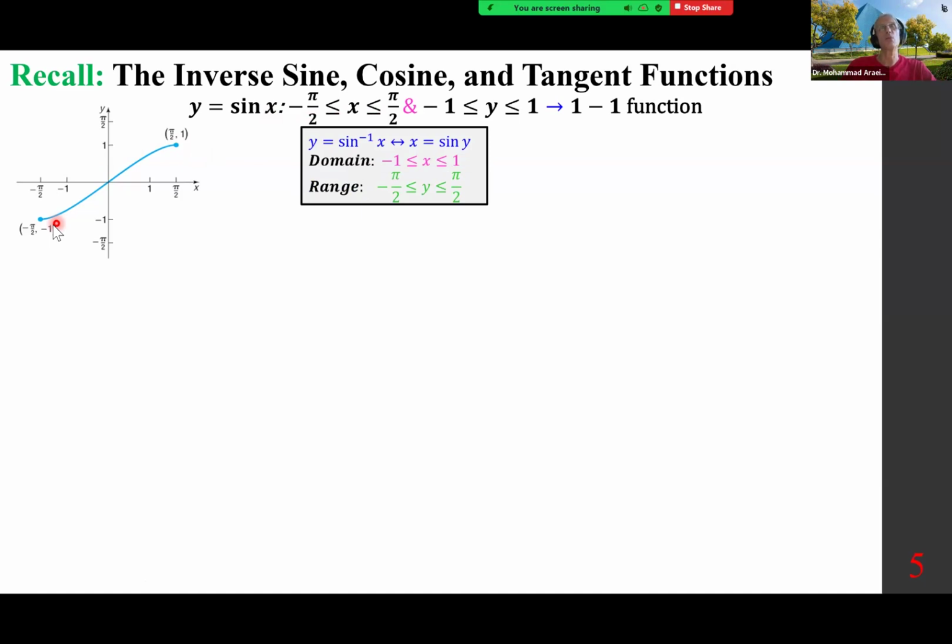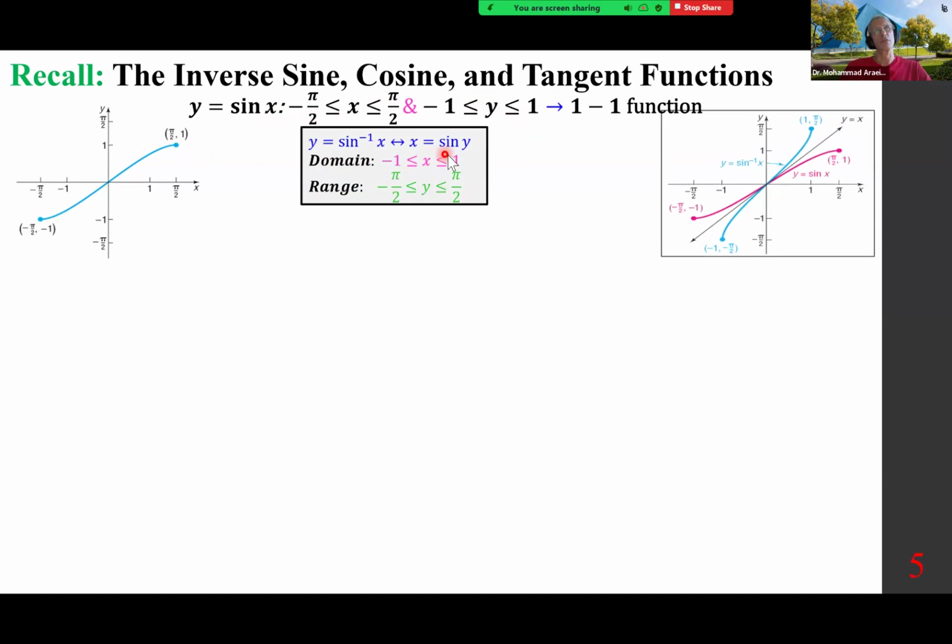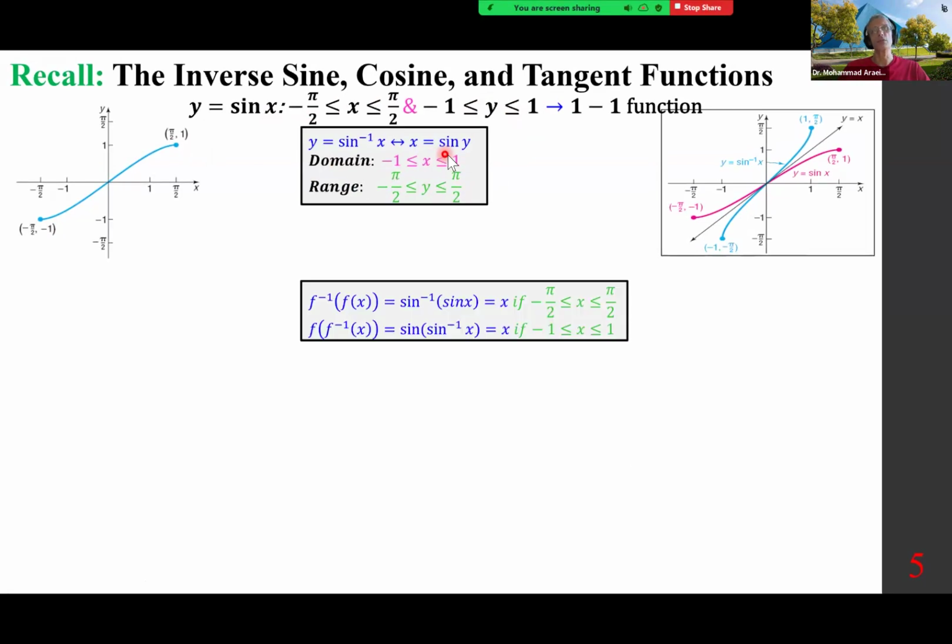Remember, the domain of one is the range of the other when they are inverse functions. So domain becomes the range for the inverse function, range becomes the domain. The graph looks like that. So the restriction put on sine is from negative pi over 2 to pi over 2.